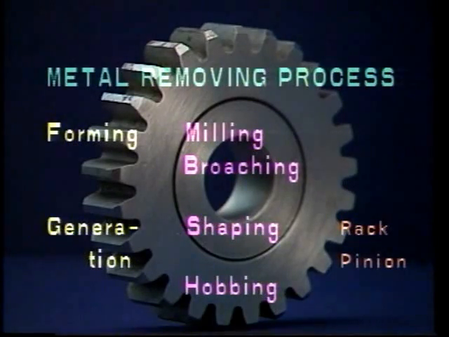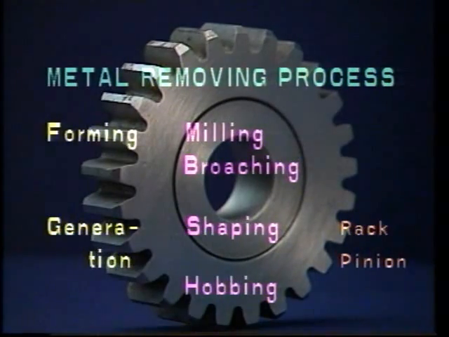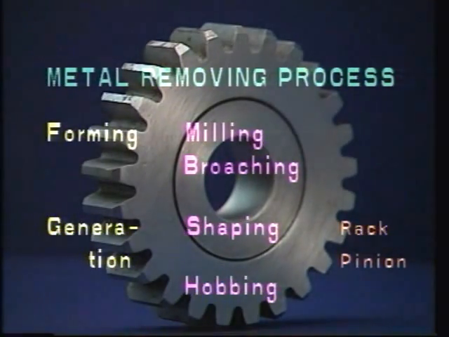Thus, unlike in milling, the production of gears by broaching, shaping, and hobbing gives accurate tooth form, eliminating approximation of shape and size in minimum time.